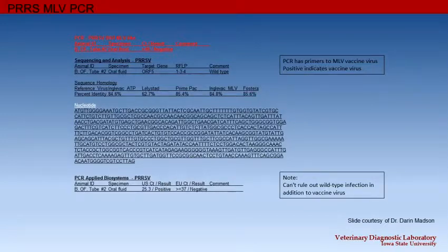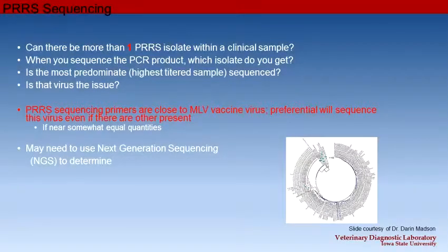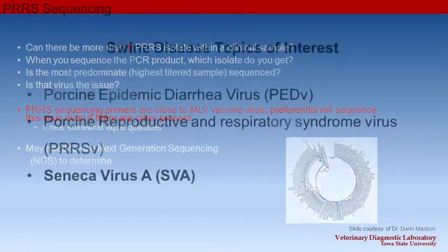We can certainly say that it is a wild type strain. But sometimes this homology is really, really close, and we cannot tell. So maybe this is going to be the future: next generation sequencing, the full length of the virus, not just that little piece of the ORF5. We need to sequence the whole virus and see if the mutations or differences are anywhere else more than the ORF5. So probably those are the answers, or the questions, that we have every day in the diagnostic lab and we need to answer to the diagnosticians.